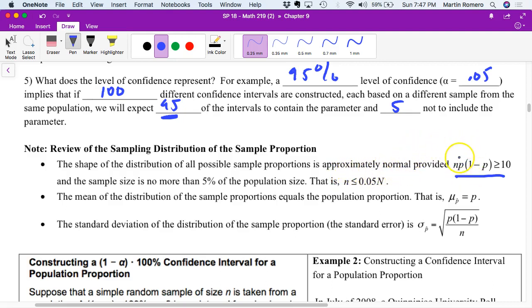And that's going to happen when n times p times 1 minus p is greater than 10, and the sample size is no bigger than 5% of the population. And then we have this from chapter 8.2, these ideas that the mean of the sampling distribution of proportions is equal to the population proportion. But these are 2 important conditions that need to be met in order for us to create confidence intervals.